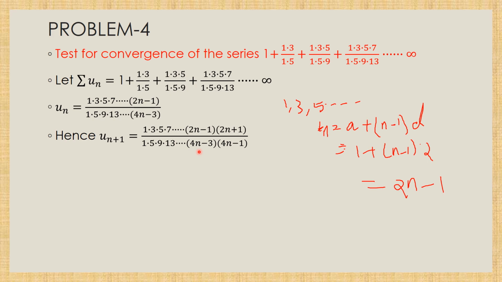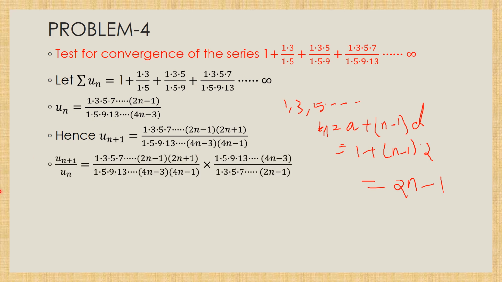Now un plus 1 divided by un: dividing means the ratio is multiplied by the reciprocal. Here common factors get cancelled. That means 1, 3, 5, 7 up to 2n minus 1, the second denominator, cancel with the first numerator. So 2n plus 1 remains.